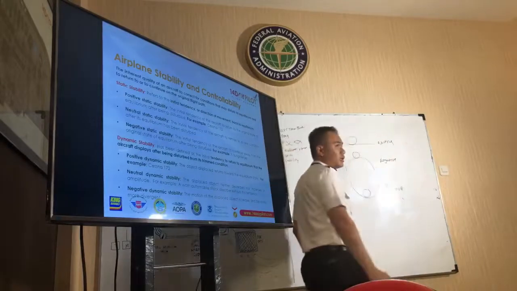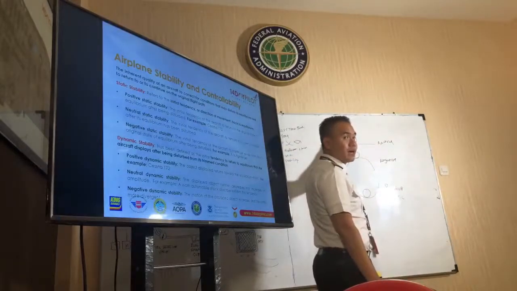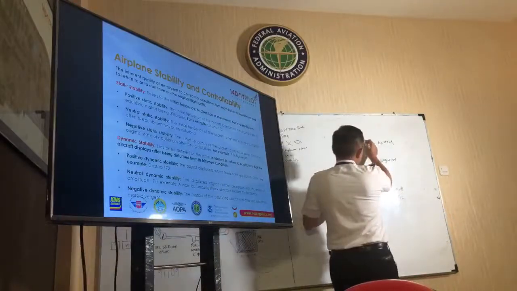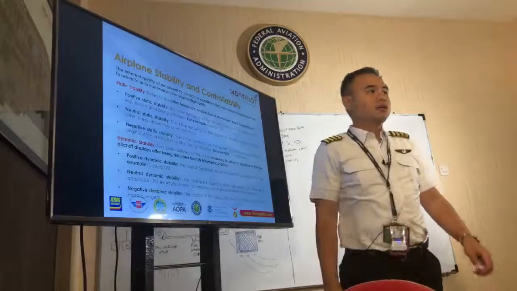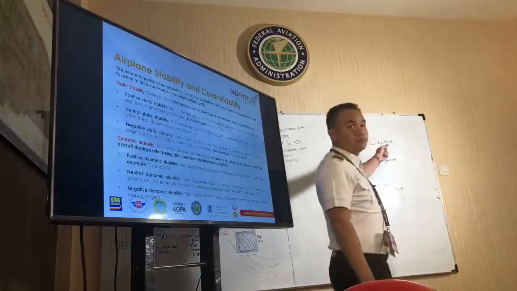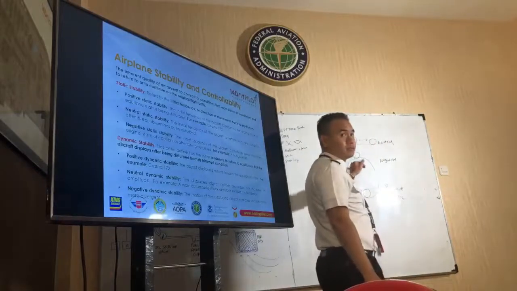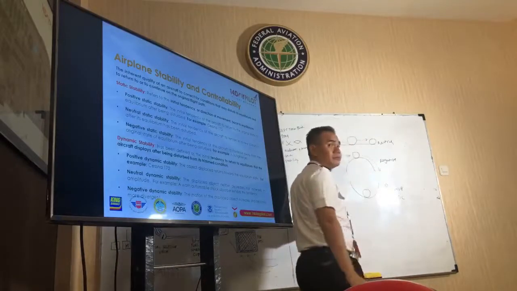Let's imagine if you push the ball from the left to right, what's gonna happen? It's moving to the right and stops here. Right? Moving to the right and stop. The negative stability: you push it here, it's moving and goes further.